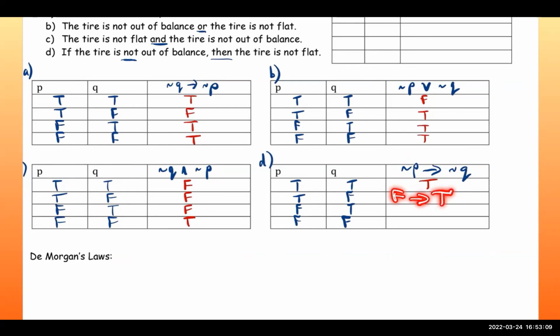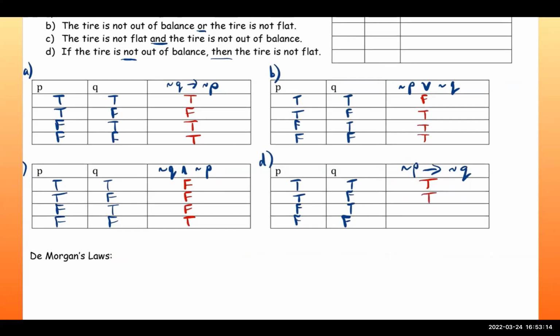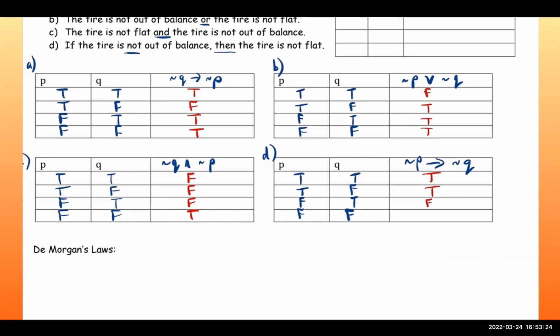That is true because you're starting with the false. All right, not P implies not Q. True implies false is false. And the last one is true implies true. That is true.